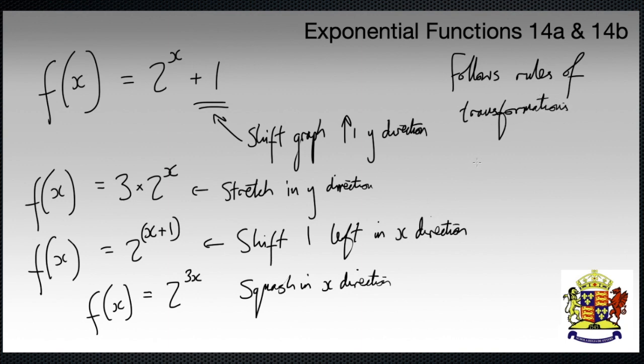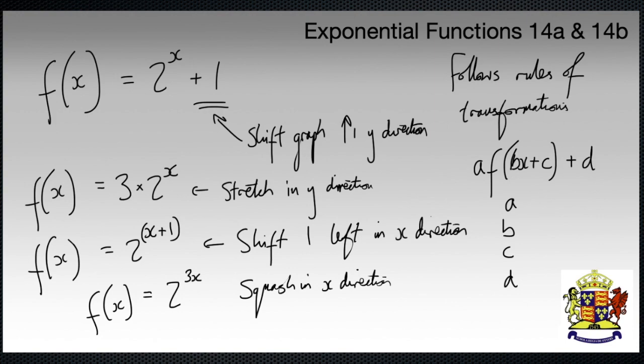And what I could do, I do this sometimes, I write a f of bx plus c plus d, and if you can tell me what a, b, c and d do, then you can do these transformations.